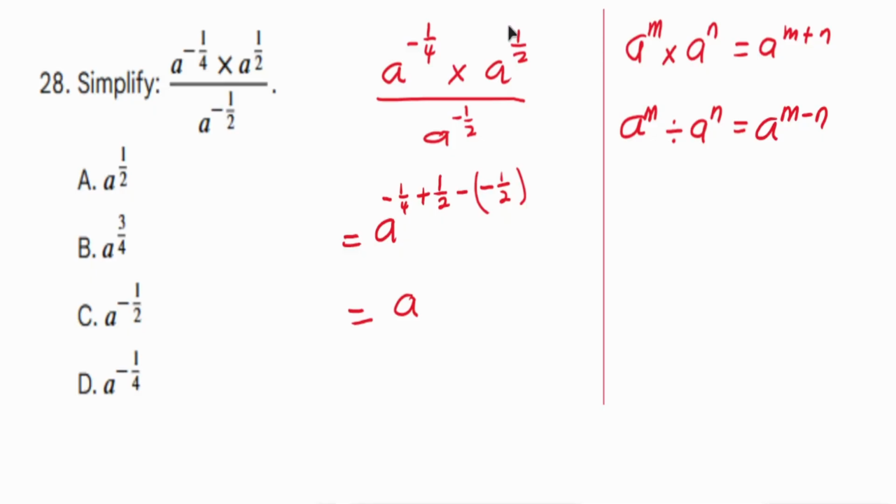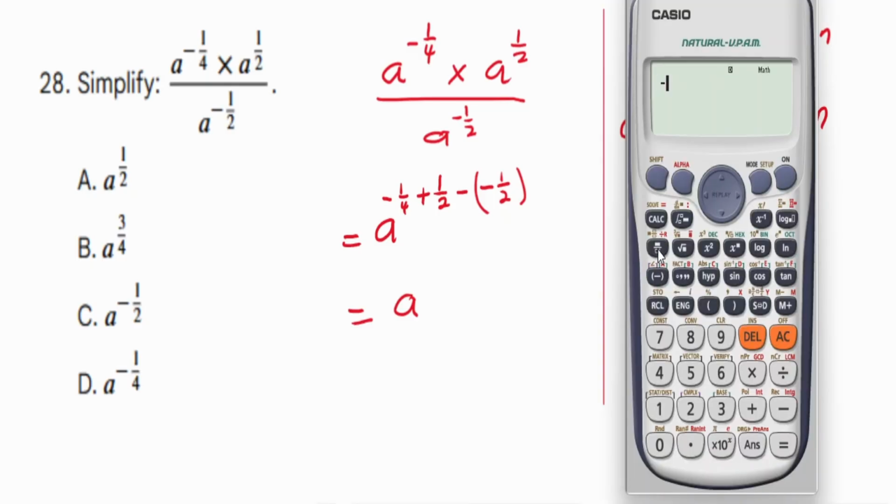I don't want to stress anybody when I already know that students sometimes have challenges performing operations on fractions and even negative numbers. So let's go to the calculator. Negative, we go to fraction 1/4. Remember to move the cursor forward. Then plus 1/2. You move the cursor forward. Then minus negative.